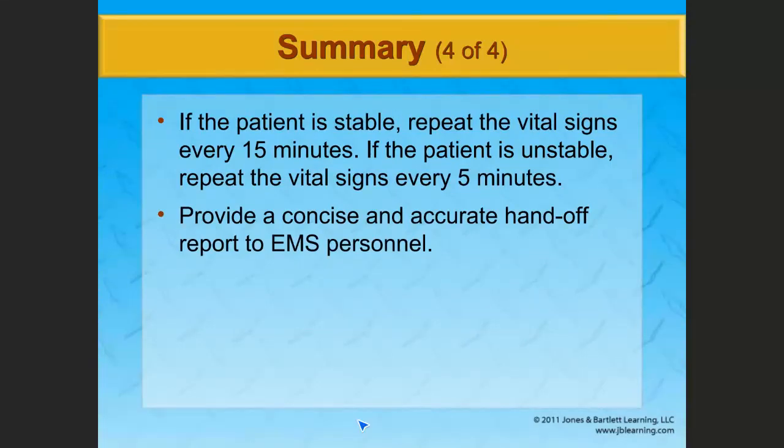If the patient is stable, repeat vital signs every 15 minutes. If the patient is unstable, repeat the vital signs every 5 minutes, but you constantly monitor your patient. Provide a concise and accurate handoff report.